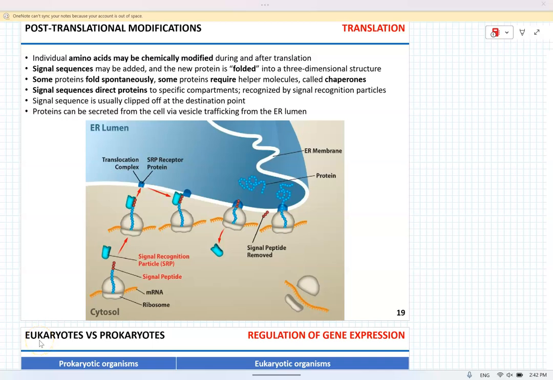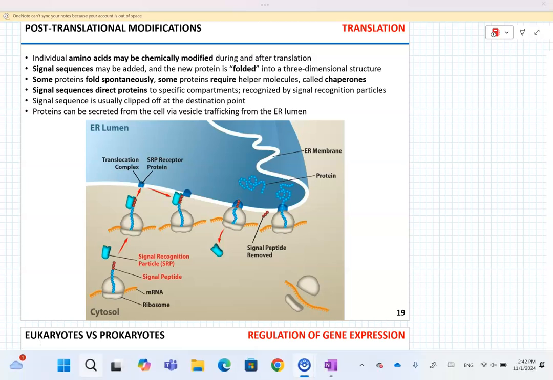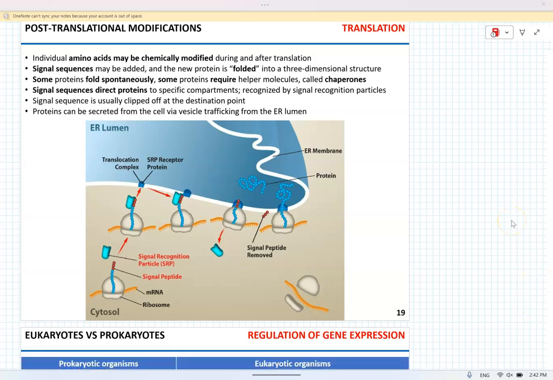When translation is over, proteins can be further chemically modified. For instance, various signal sequences can be added, and the signal sequences will direct the proteins to specific compartments.